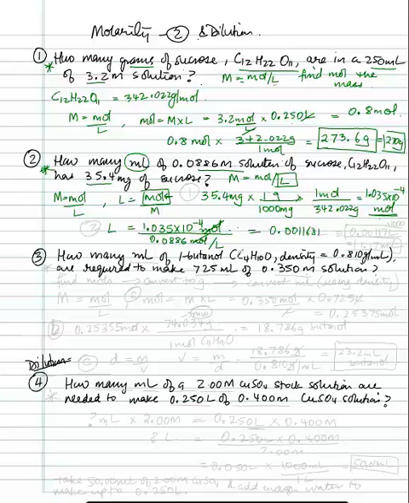If you want to convert that into the right sig figs, it is equivalent to 0.001117 liters. If you need to convert that into milliliters, you multiply that by 1,000, and that should give us 1.17 milliliters.